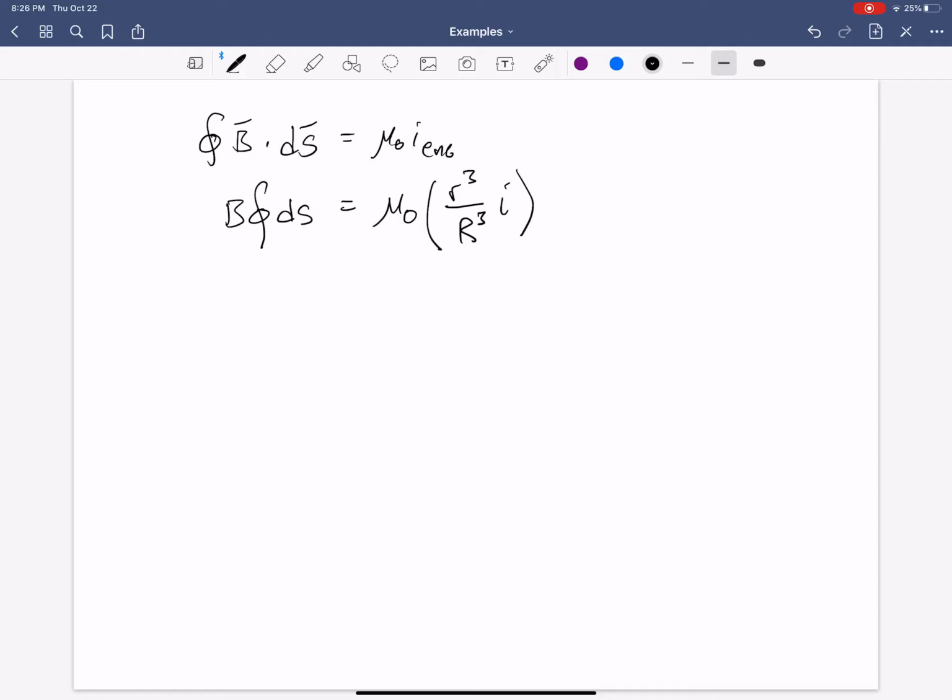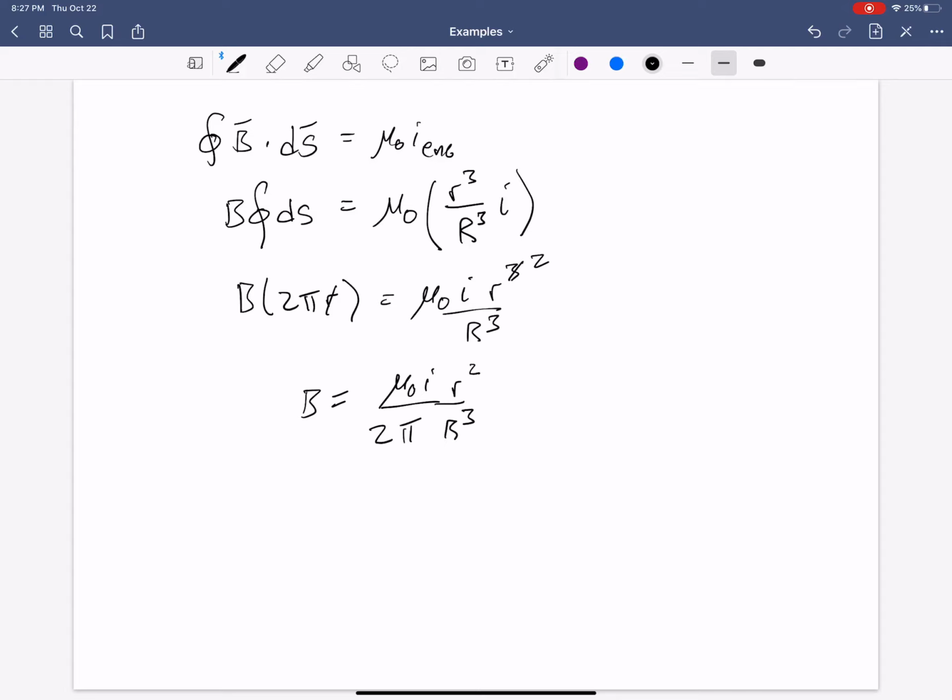This closed integral of ds, just like in part A, is 2 pi, but now it's times the radius of our Amperian loop, lowercase r. The right side stays the same, mu naught I over that. And one term of lowercase r goes away, and thus we have for our magnetic field, mu naught I over 2 pi, r squared over r cubed.